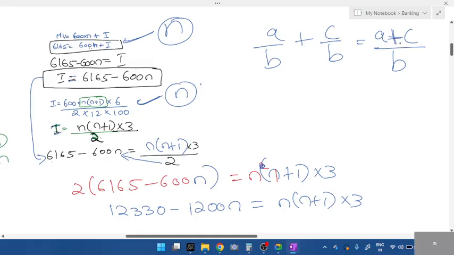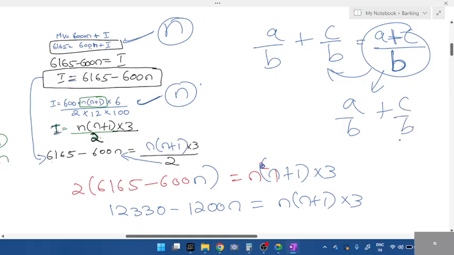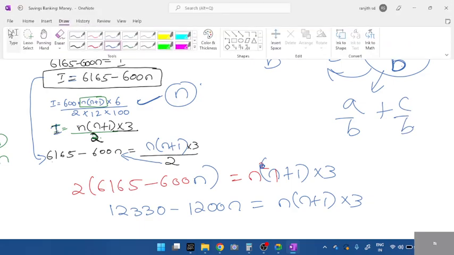Remember this, just a plus c. The opposite of this is, whenever there are two values in the numerator, whether plus or minus, and it has a common denominator b, you can split this into two parts. You can write a by b plus c by b. You can split into two parts and solve this. That is what we are going to do here.